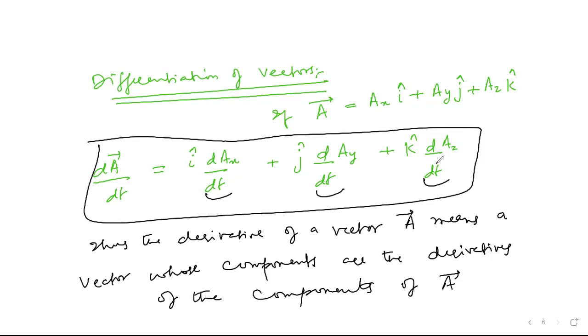Now the product of a scalar and a vector and the dot and cross products of vectors are differentiated by the ordinary calculus rules for differentiating a product.